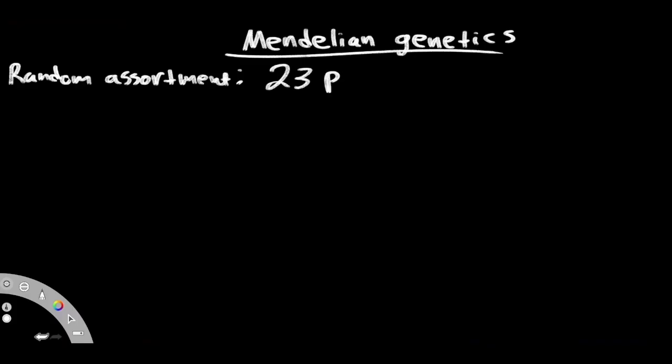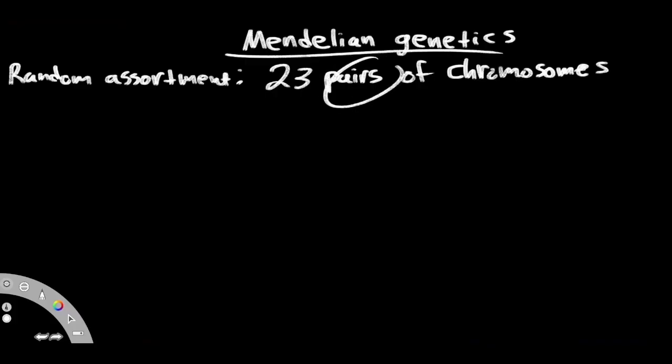So if we have 23 pairs of chromosomes, obviously a pair is represented by the number 2, right? So then we obviously have to put that as the base of the exponent, right? So if we have 2 represented as the pair, and how many possible combinations are in an egg or a sperm, right? So in a gamete, how many possible combinations are there? There's 23, right? Because it can make 23 other pairs.